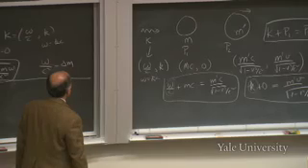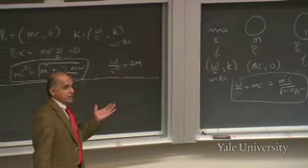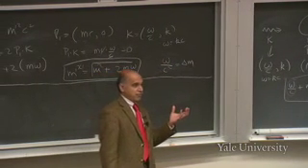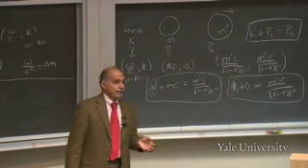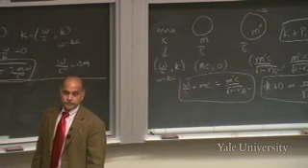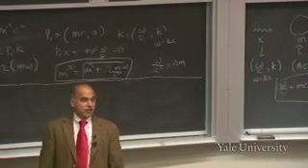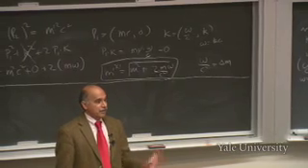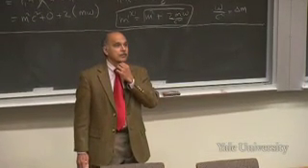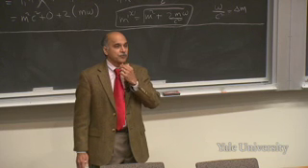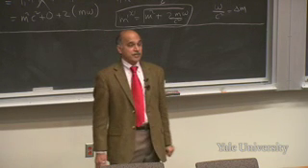Because for a particle of mass m, I showed you the relation E squared equals c squared p squared plus m squared c to the 4th. For a photon, there is no m. That means E equals pc. So photon energy and photon momentum have related magnitude. Yes? How do you define the p for a photon given that p is defined as mv? That's what I'm telling you. For a photon, it's not defined as mv over something.